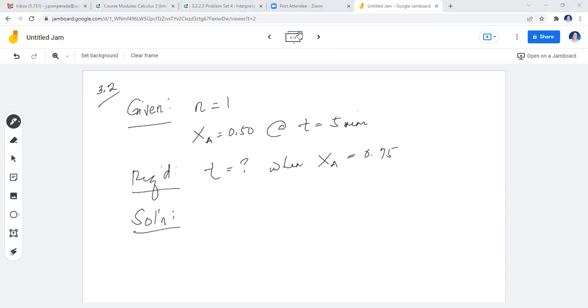What are we supposed to do? You're given already the order of the reaction, this pair of information, and you're asked for the time for this conversion.